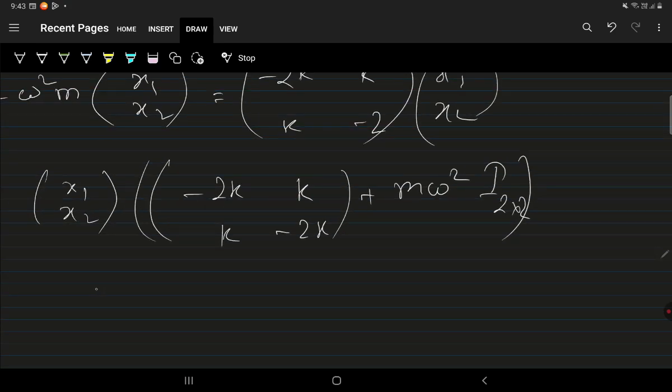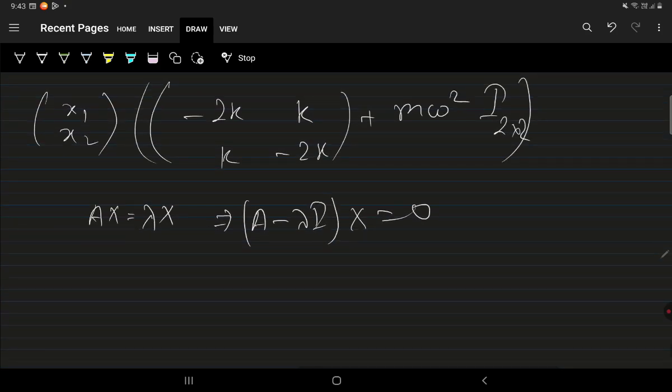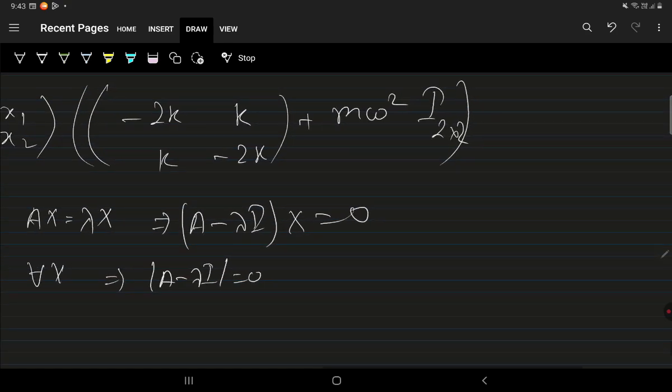Now, if you have come across matrices, then you must have come across the equation Ax equals lambda x. Then this implies A minus lambda I times x equals 0. If this is valid for all x, then this implies that mod A minus lambda I equals 0, right? The similar thing we'll be doing in this case.